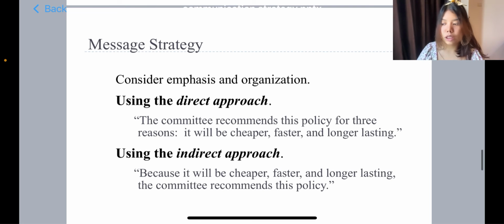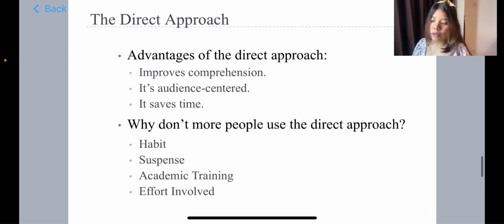So next is message strategy. Consider emphasis and organization, right? The first one is using a direct approach. The second one is using the indirect approach. The advantages of the direct approach are that it improves comprehension, it's audience-centered, and it saves time. But why don't more people use the direct approach? It is because of habit, suspense, academic training, and effort involved.